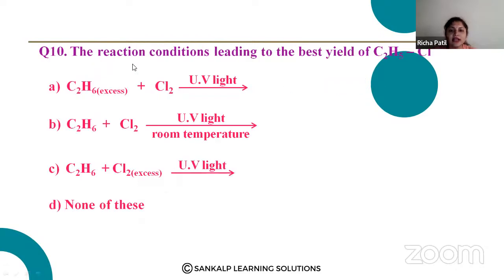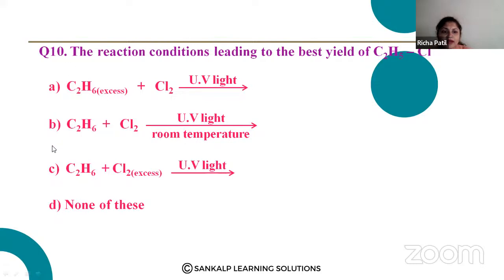Next, the reaction conditions leading to the best yield of C2H5Cl. Which is the reaction? C2H5Cl can be yielded from which reaction?